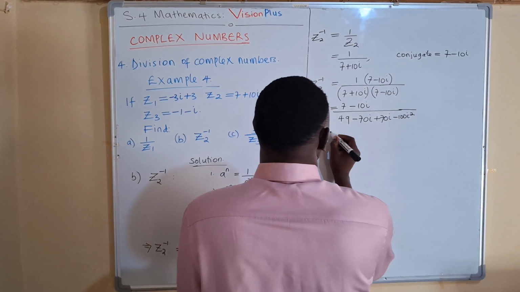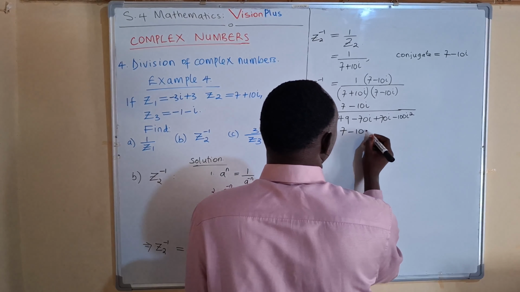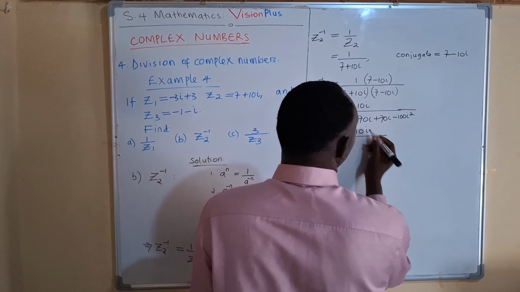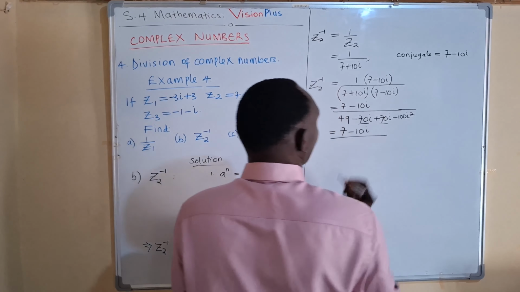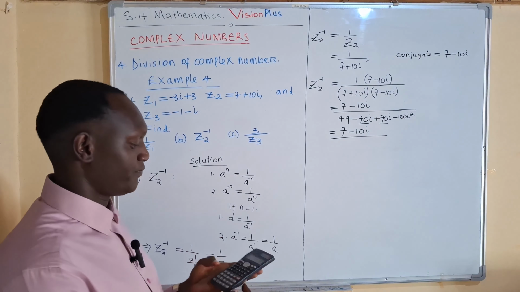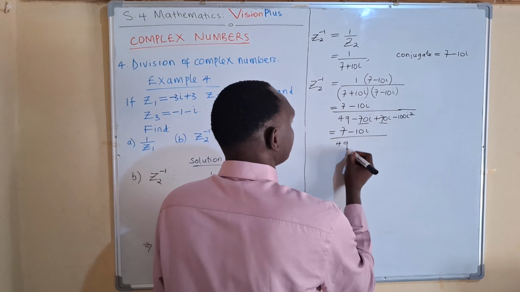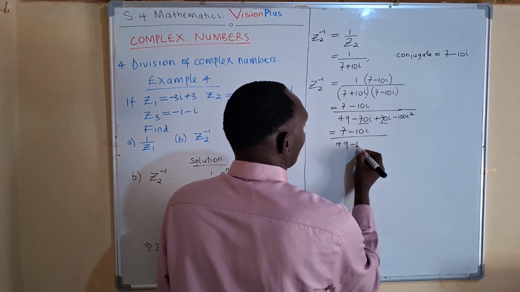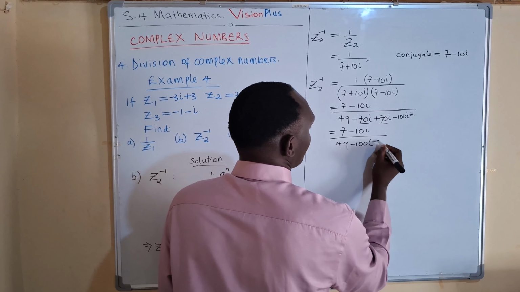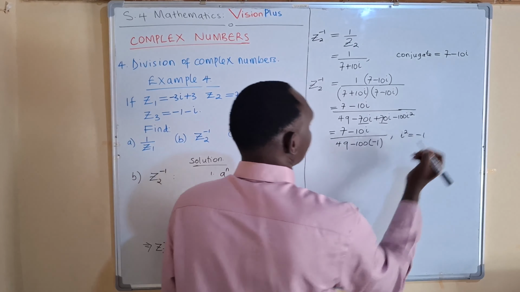So from here we proceed. There's no way we can further simplify the numerator, so we maintain it. In the denominator, this and this will always cancel. What is negative 70 plus 70? Negative 70 plus 70 is 0, so this can cancel out. So we are left with 49 minus 100i squared, and i squared is negative 1.